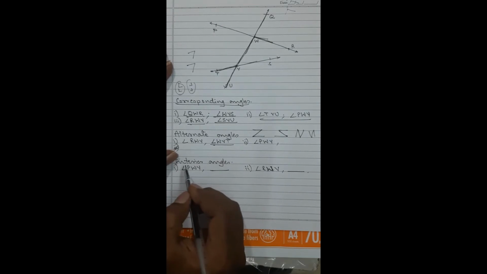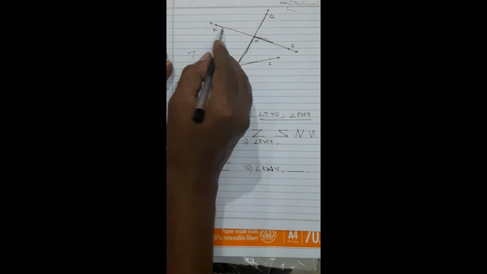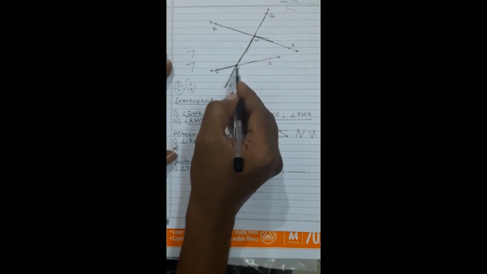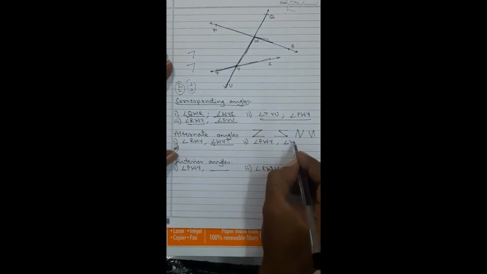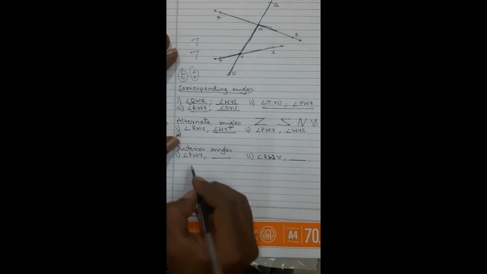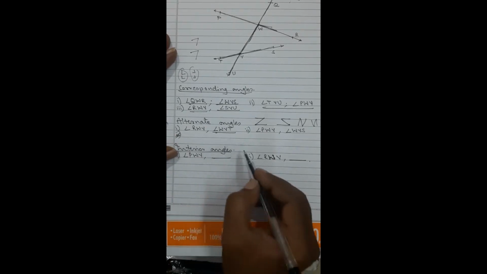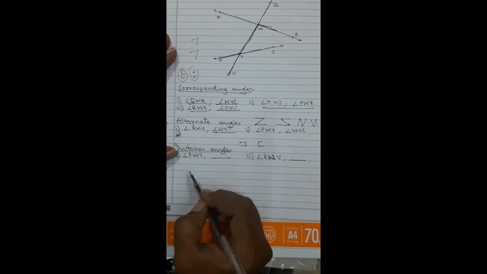These are alternate interior angles. Angle PWV, this will become angle WVS. They are alternate interior angles. And now we go to interior angles. The interior angles will be making a C of any sort, like this or this way.